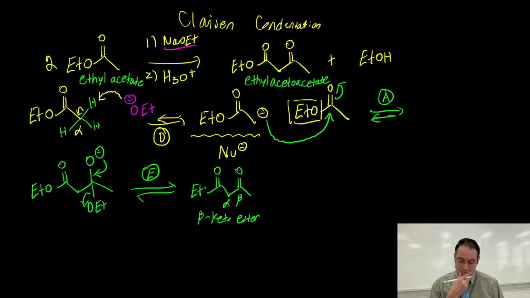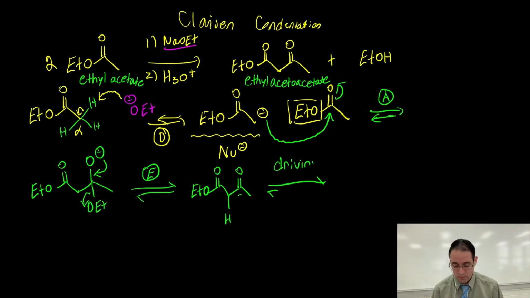I forgot the oxygen. Okay, so beta keto esters are acidic, okay, because there's that alpha hydrogen in the middle of the molecule that can be deprotonated quite readily, okay? And this is the step that's not in equilibrium. Well, it strongly favors the products here. So this is the driving force for the whole reaction.